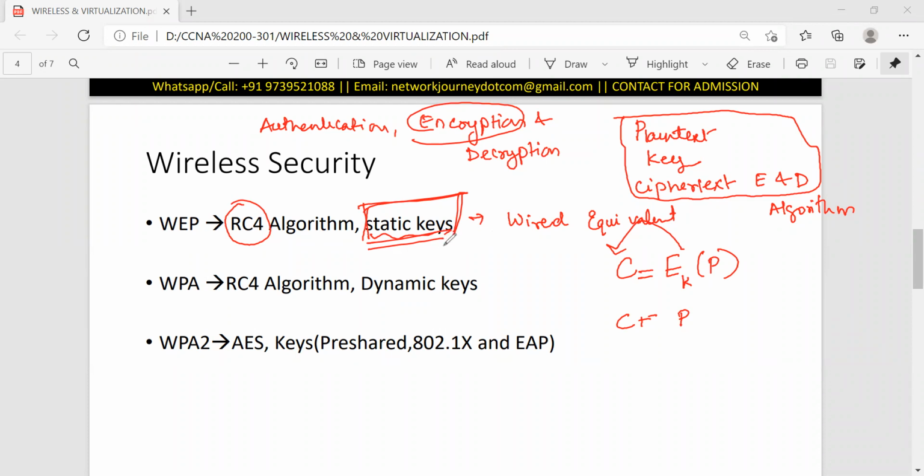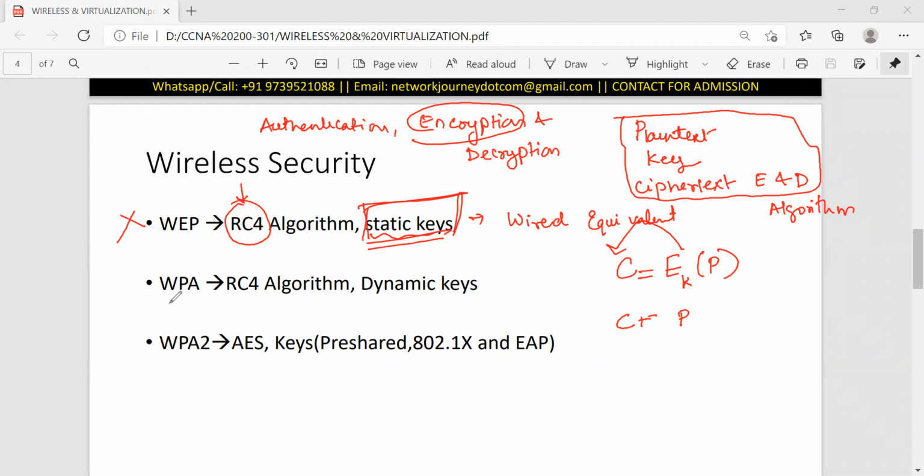So the key has to be kept properly. WEP makes use of the RC4 algorithm, but since it uses static keys, it is subject to brute force attacks, and hence it is not widely used. It is basically not used currently.